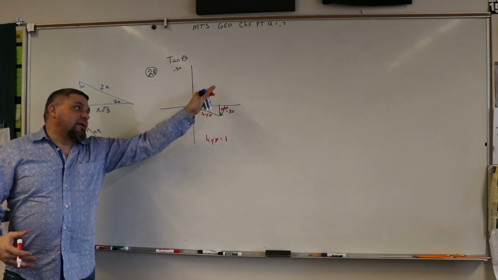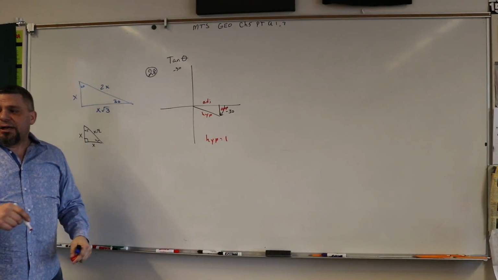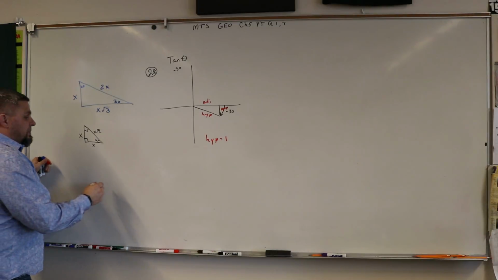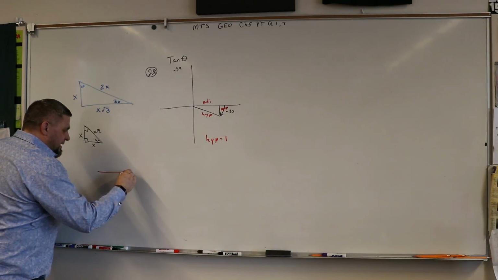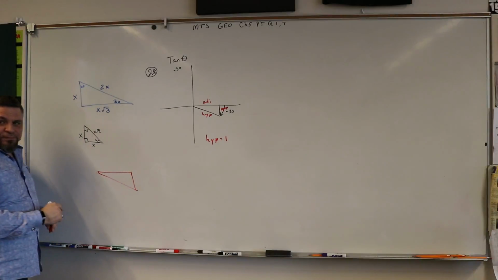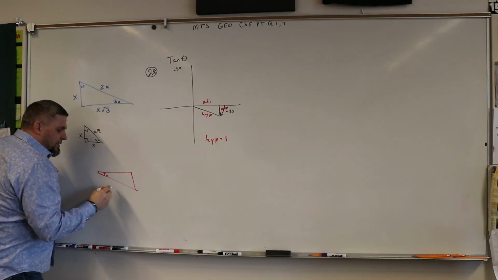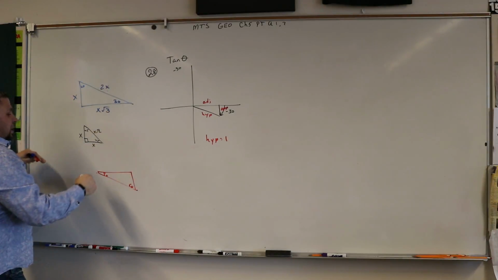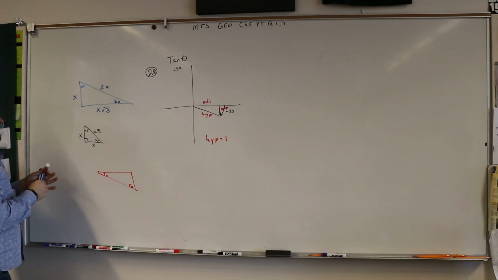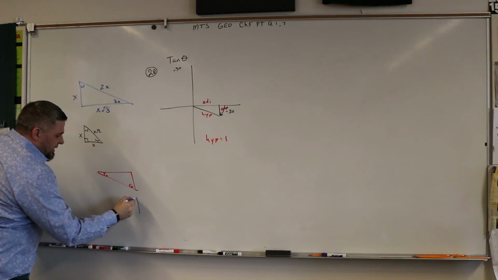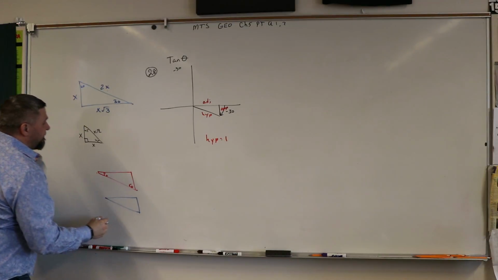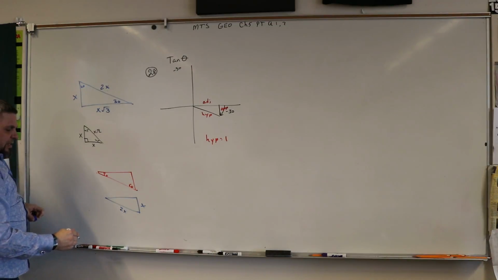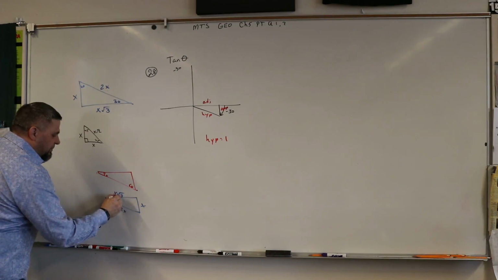If it's over here, here, here, here. Now in this case, the adjacent is positive, right? Because we're talking about a triangle that looks like this. This is 30 degrees. That means this is 60. That means if I were to flip this blue one so that it looks like this, then the x would be here, the 2x would be here, and the x square root 3 would be here.